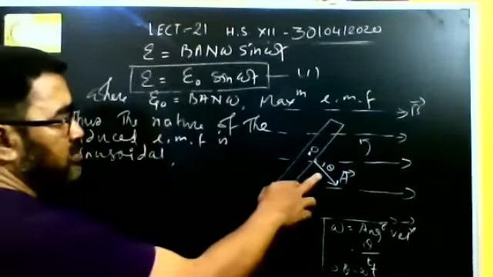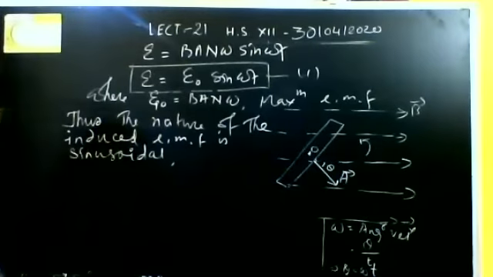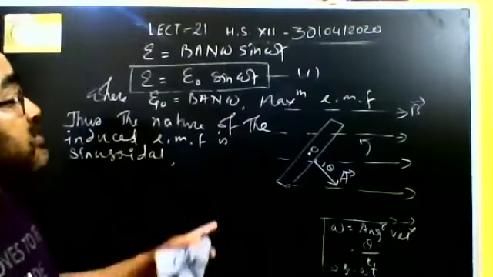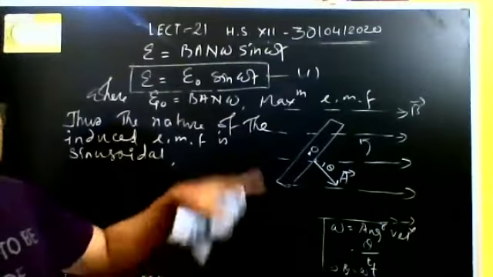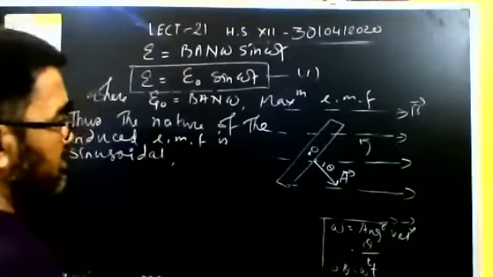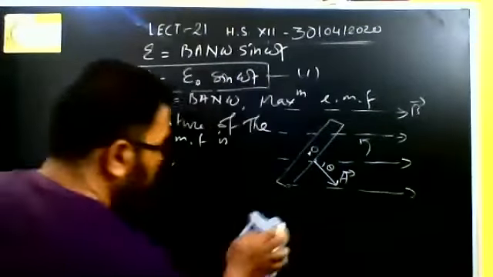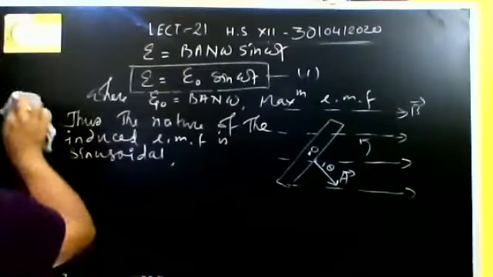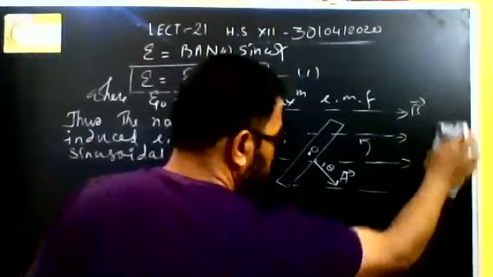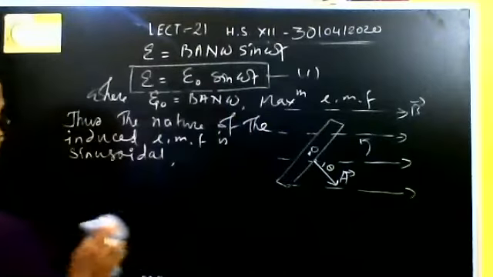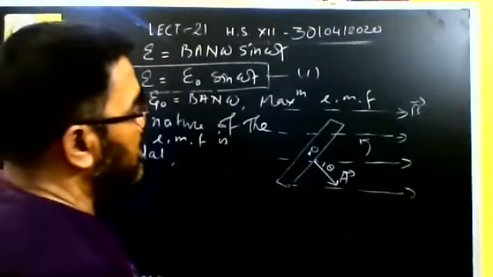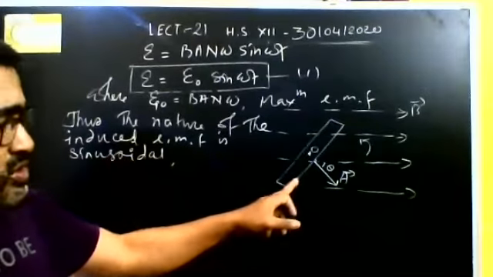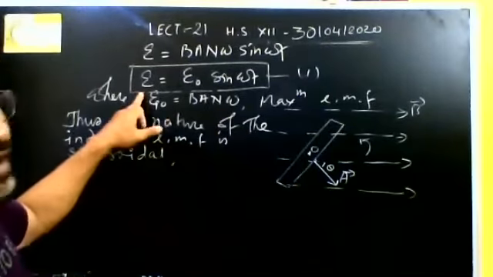And if theta goes again to 180 degree, what will happen? Theta again goes to 180 degree, again it will be 0, right? So this will give you the alternating current generation, right? So if the coil rotates at different positions, you will get different values of EMF.